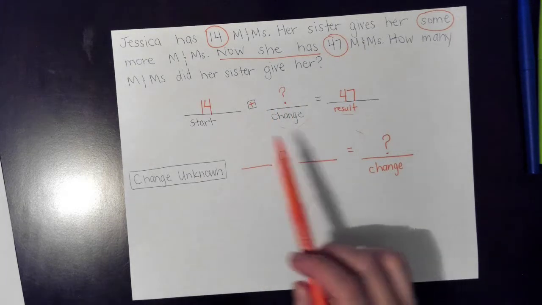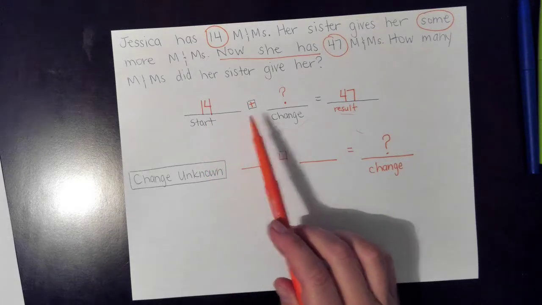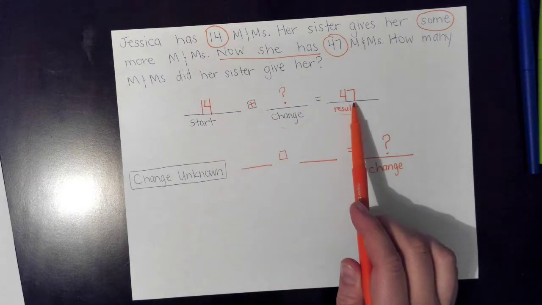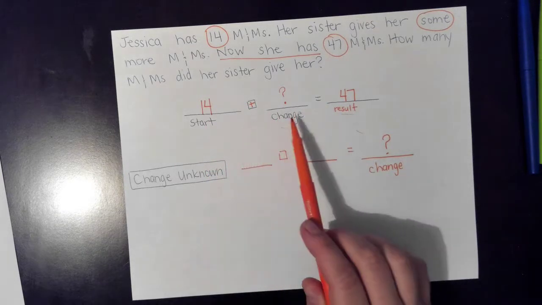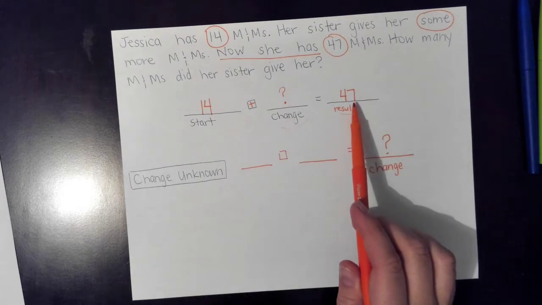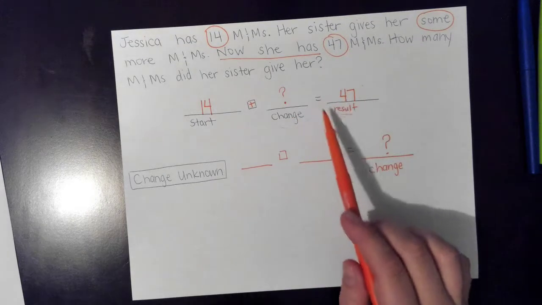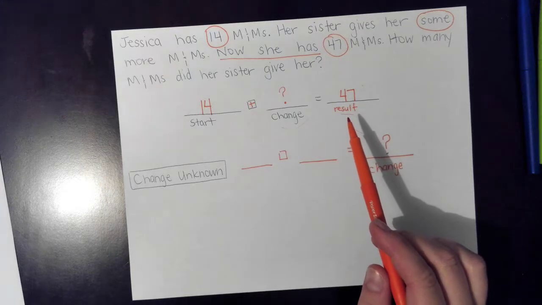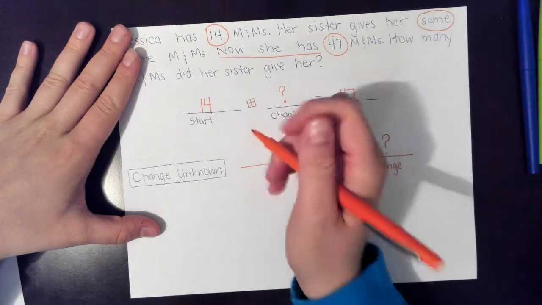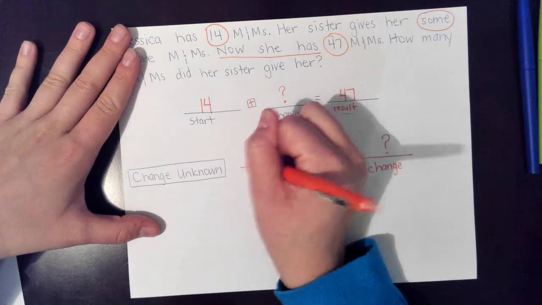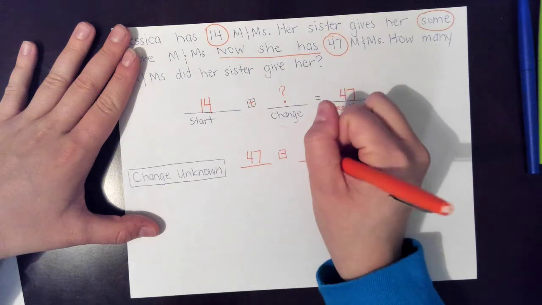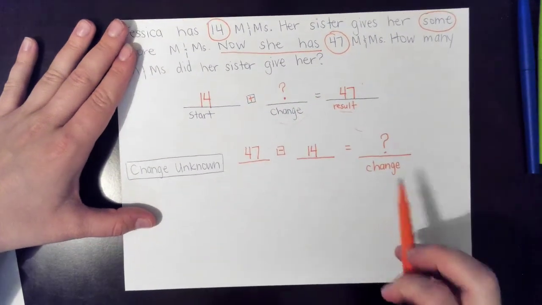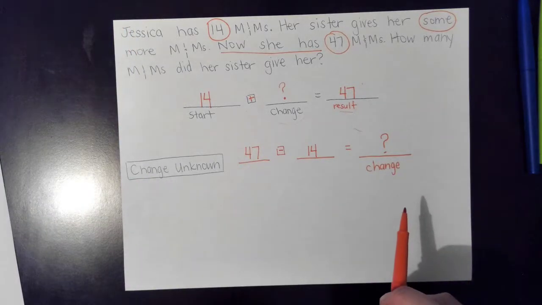Because my thoughts are if I were to make it 14 plus 47 and just move these two, 14 plus 47 is going to get me a greater number, and I don't want a greater number than 47 because 47 is what I have. That's what Jessica has now. So I'm going to rearrange this, and I'm going to say 47 minus 14 is going to equal my change.